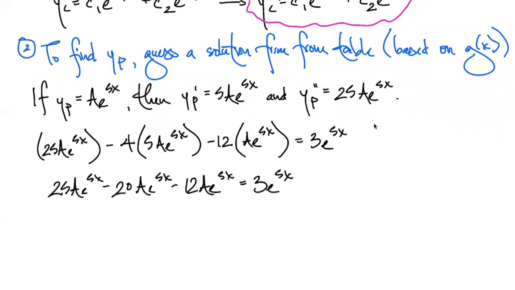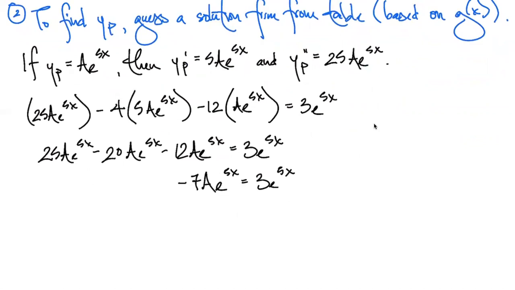All right, let's see. 25 minus 20 is 5. 5 minus 12 is negative 7. a e to the 5x equals 3e to the 5x. If I divide both sides by e to the 5x, those are going to reduce. And then when I solve for a, I will get negative 3 over 7.